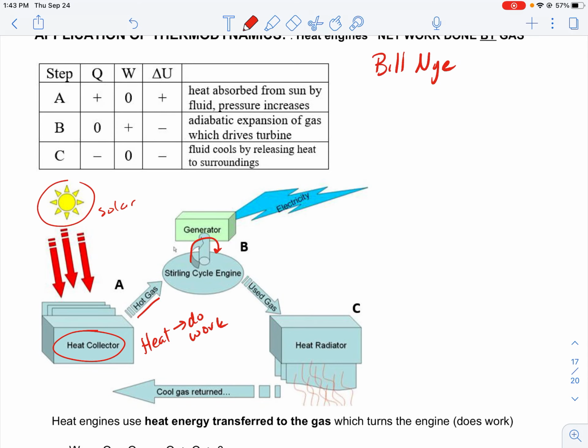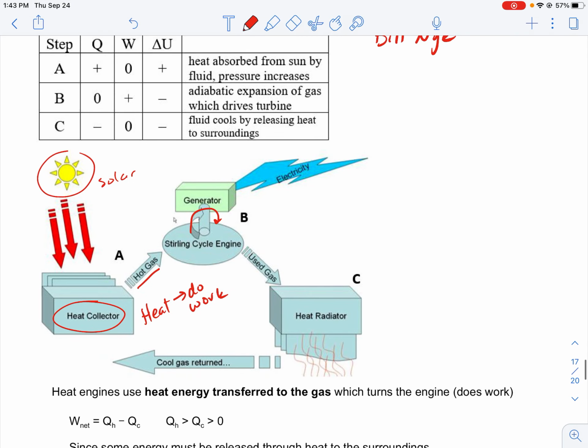Turning a turbine can generate electricity, which is actually the focus of units 3, 4, and 5. When we're done turning the turbine, or when the gas goes through the engine, then we need to cool it down before we can use it again. So there's a heat radiator. This is also sometimes called a heat sink, a place for the heat to go.